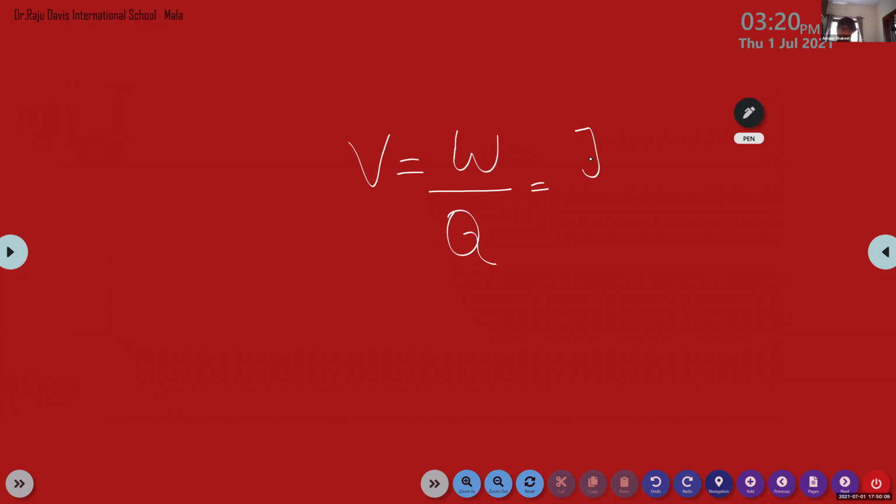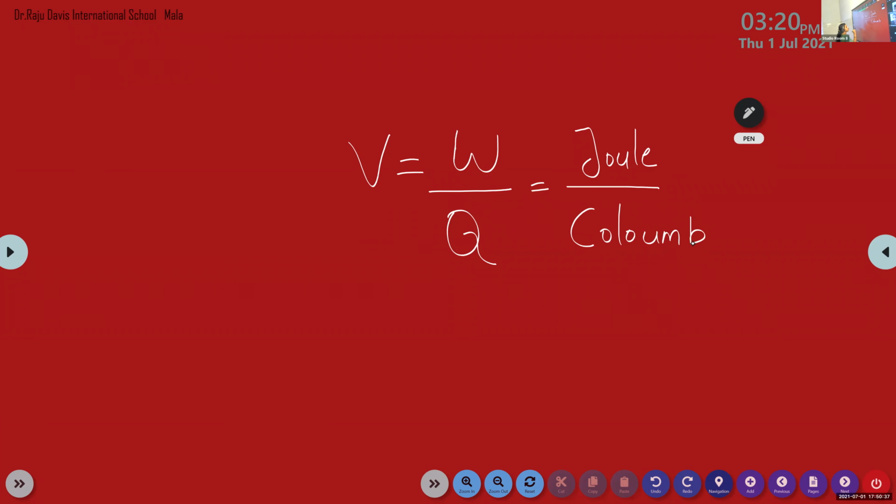Very good. And what is the SI unit of charge? We already discussed it at the very beginning of the class. Coulomb. Good. So the SI unit of work is joule and the SI unit of charge is coulomb.